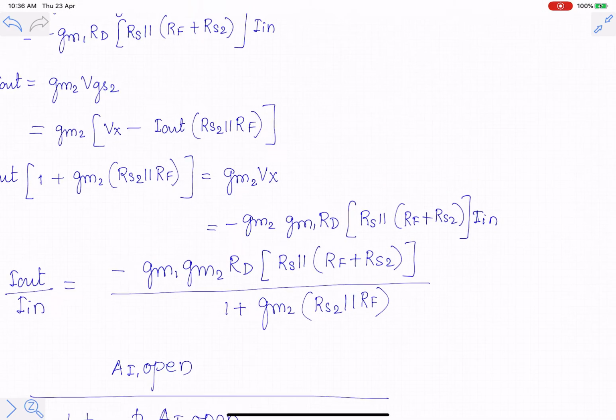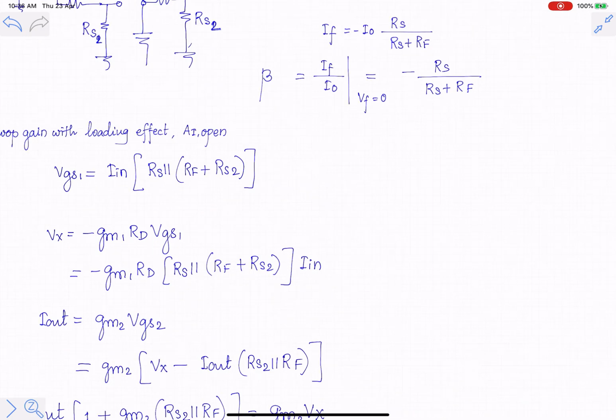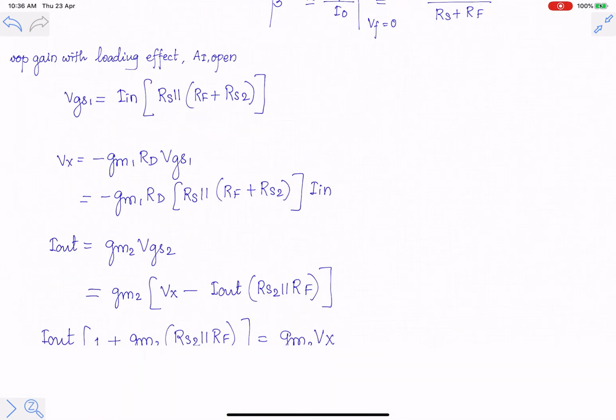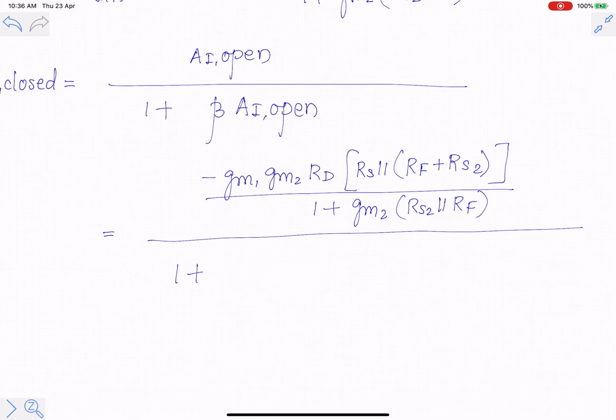Beta is negative, beta is minus RS divided by RS plus RF.